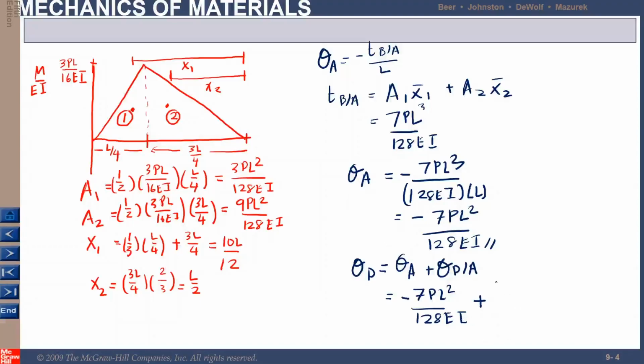So we can put area 1 as 3PL square over 128 EI. So the final answer for your theta D will be minus PL square over 32 EI. This will be your final answer for theta D.